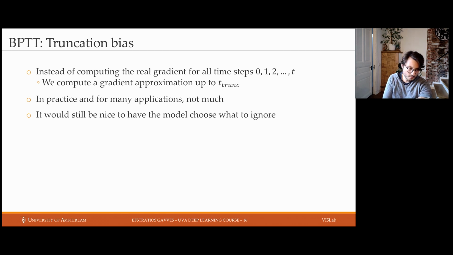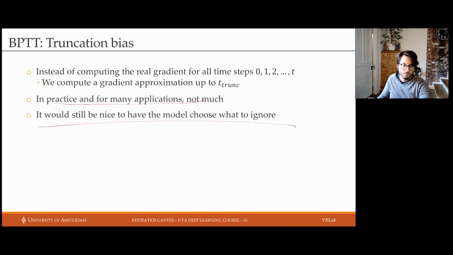Does this really matter much? Well, in practice and for many applications it doesn't really matter much. After all, it's hard to figure out what would be the perfect gradient, and as we have seen before, a perfect gradient is not necessarily something that we should strive for or spend too much energy on.